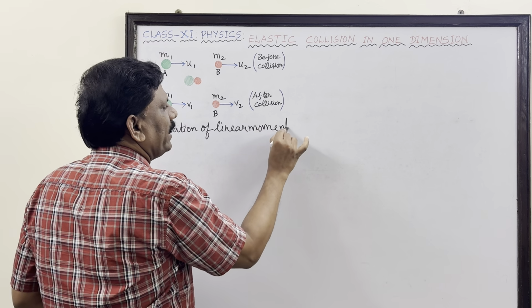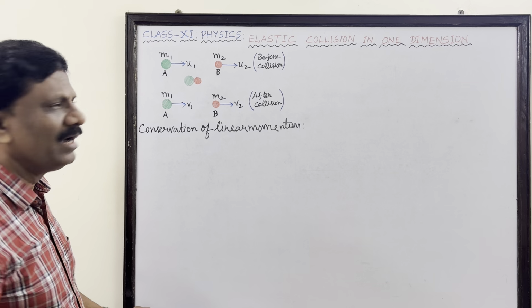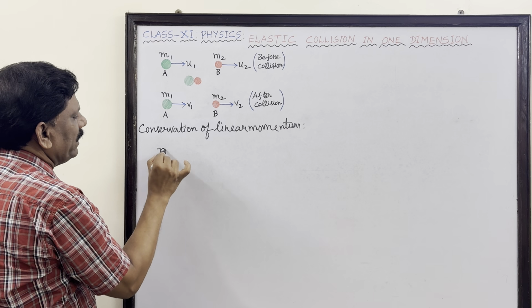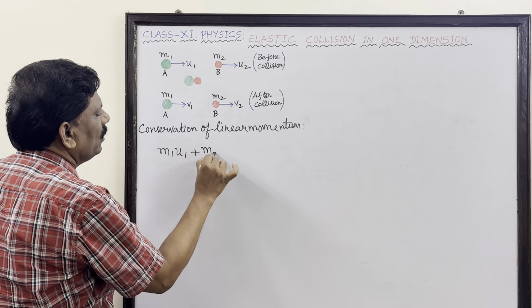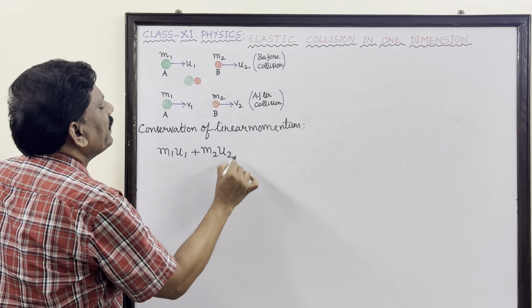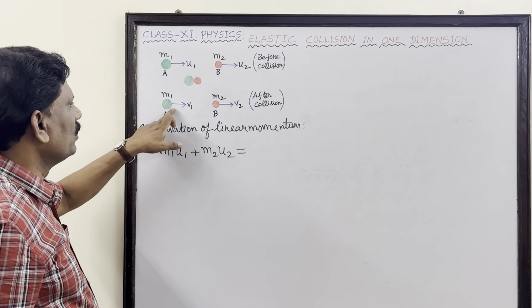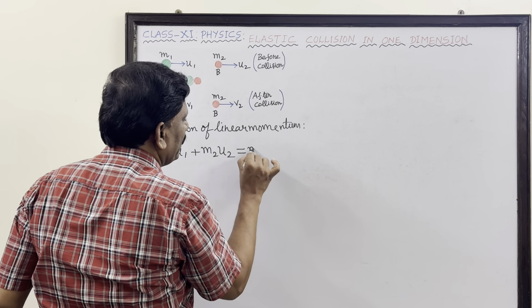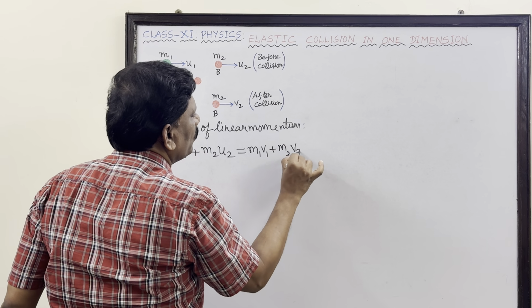That means the total momentum before collision must be equal to the total momentum after collision. The total momentum before collision is m1 u1 plus m2 u2. After collision, what is the total momentum? m1 v1 plus m2 v2.